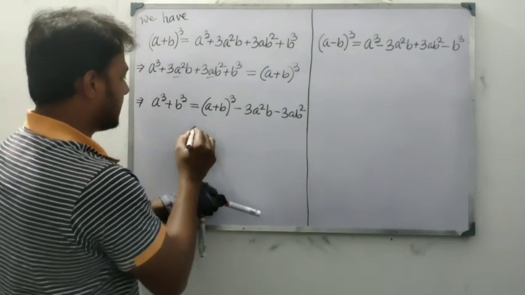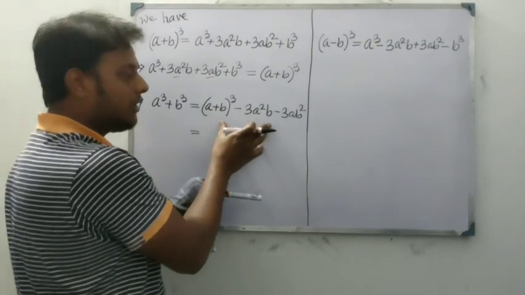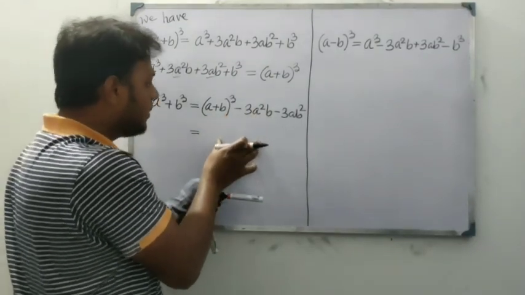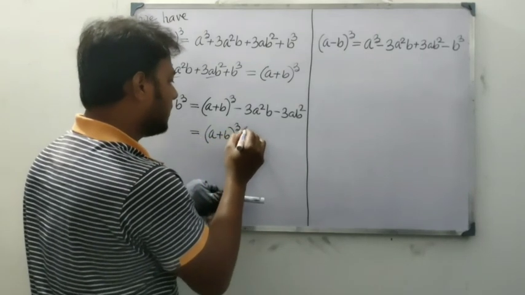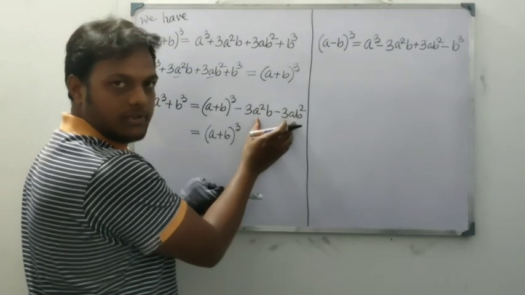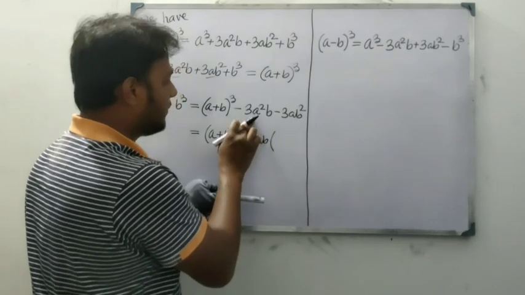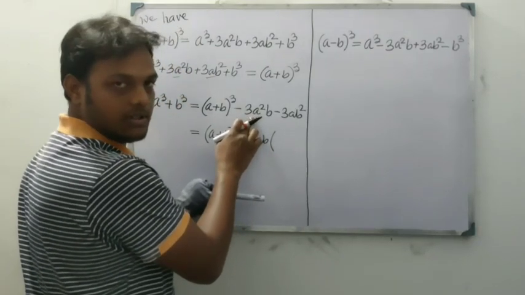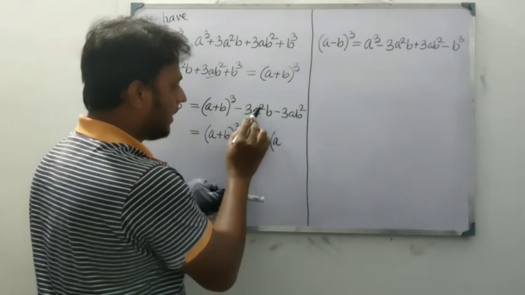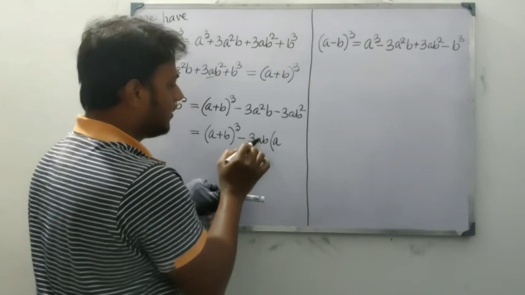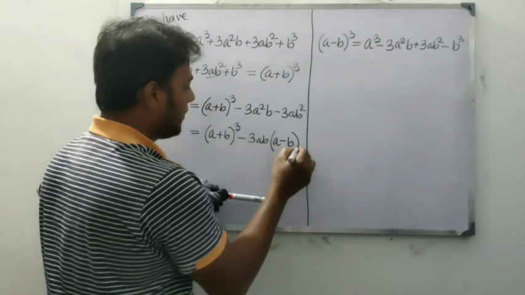Now simplify it. Our target is to compute a³ + b³. So (a + b)³. If we take common from the last two terms, 3ab will come common. Then write 3ab. The left term in the first term will be a, since 3a²b is there, already a has been taken, so only one a will be there, and b has been taken, so minus b, a plus b.